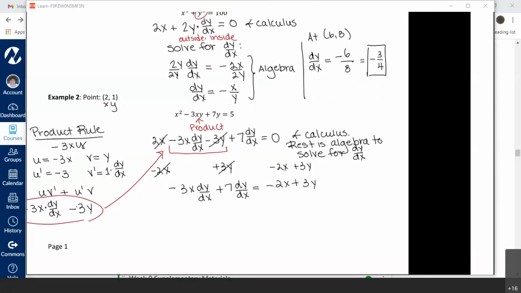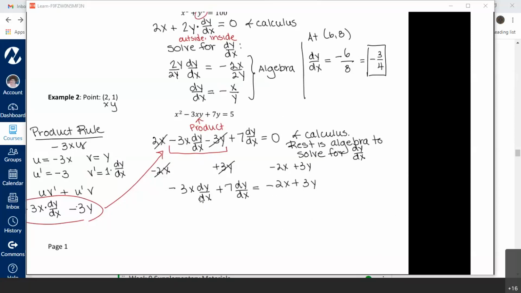Everybody all right with that? And if you're asking me, can I write it as 3y minus 2x? Yes, of course you can. As long as you take the leading sign on a term with the term, you can switch the order here. So you can also write this as 3y minus 2x. It's the same thing.